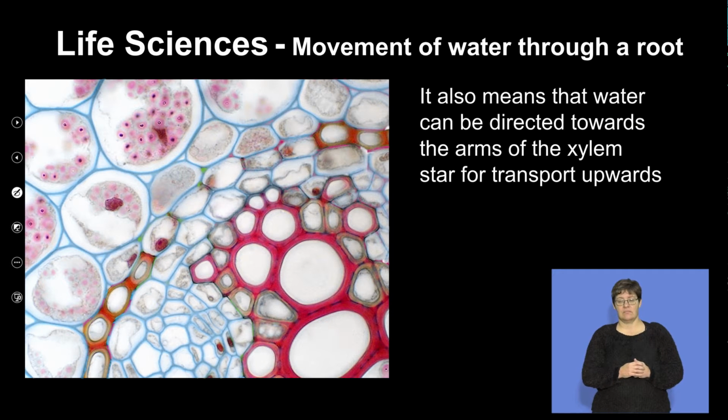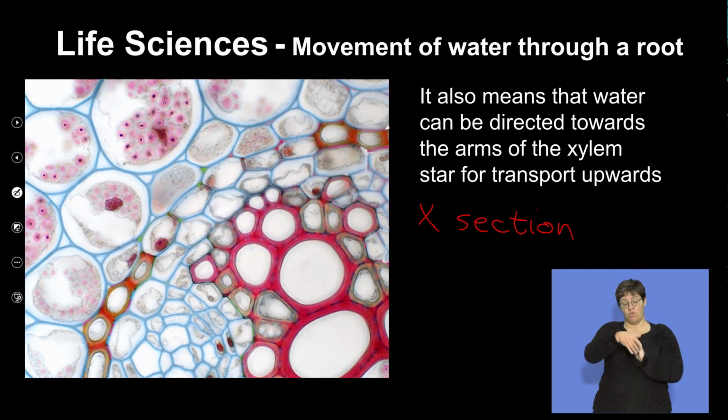It also gives another aspect. This is a cross section through a root, a photograph taken under a microscope, but it's only a portion of the root, and you should be able to identify this is the xylem, that is the phloem, and this is the endodermis.